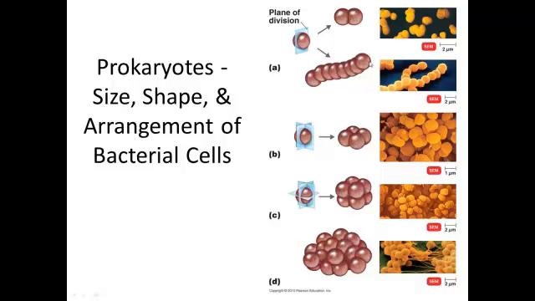Others hang on for longer, and these are the streptococci. When you get strep throat, it is from a species of bacterium that tends to stay together in chains, or strep. Now, others have a tendency to form these little sets of four, these flat little squares. We call these tetrads. They're quite rare, but in lab you'll be seeing at least one species that tends to form tetrads.